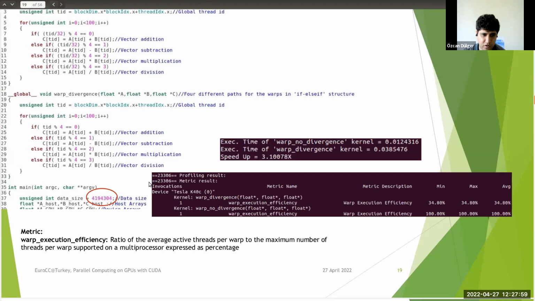And let's look at the corresponding metric output. We use warp execution efficiency.